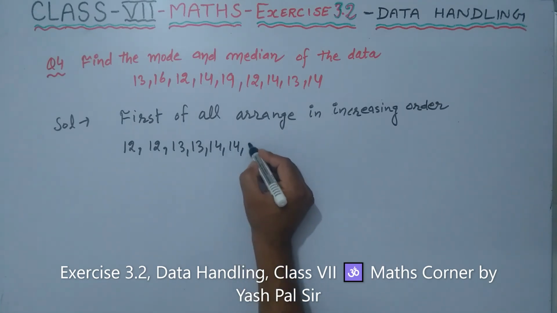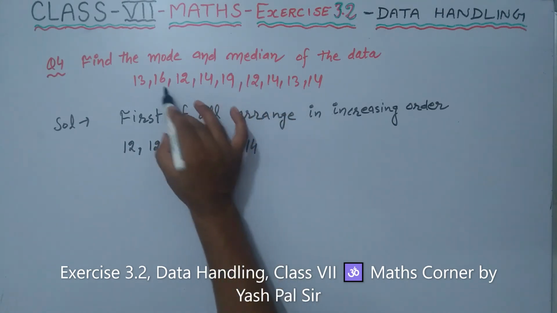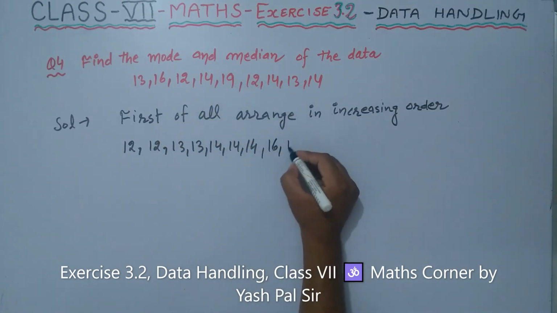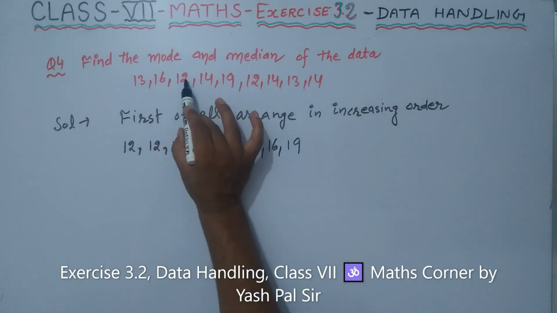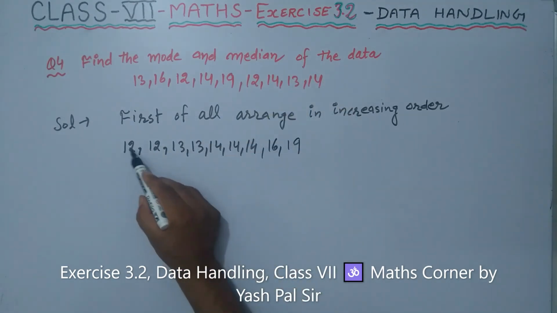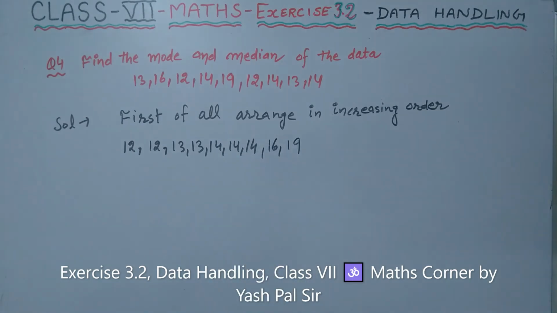After 14, this is 16. Thereafter, we have 19. How many numbers are there? 1, 2, 3, 4, 5, 6, 7, 8, 9.